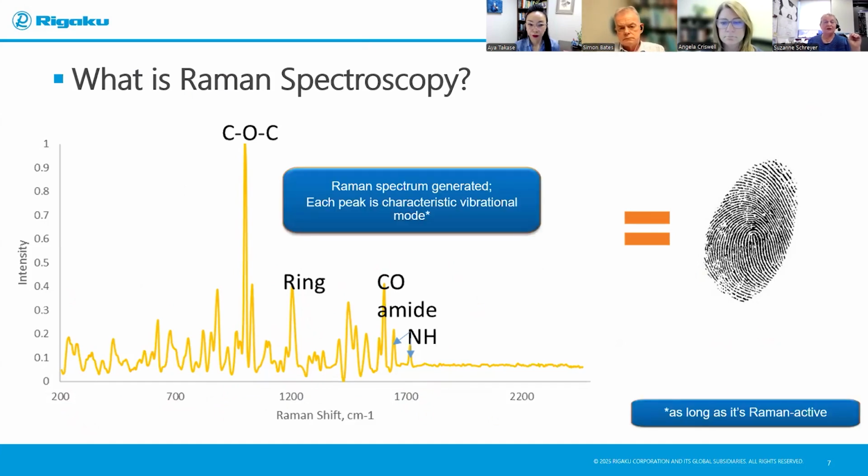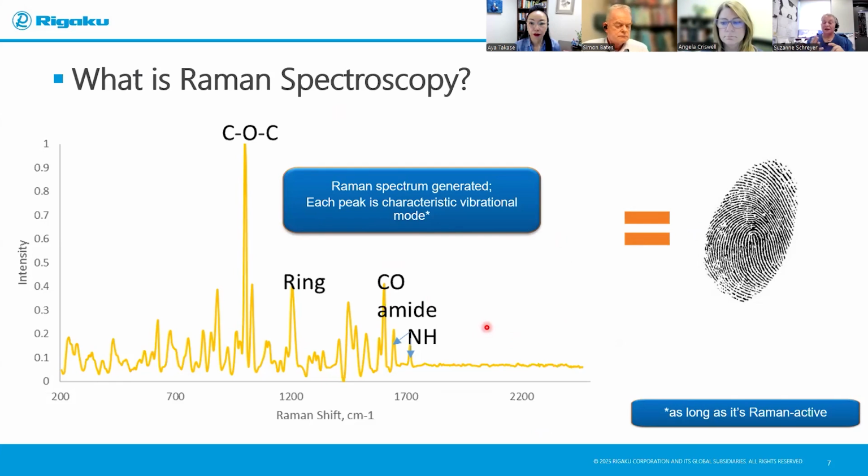Once you have those very characteristic peaks for the molecule, you can then analyze whatever the material is. The caveat, of course, is that it must be Raman active.